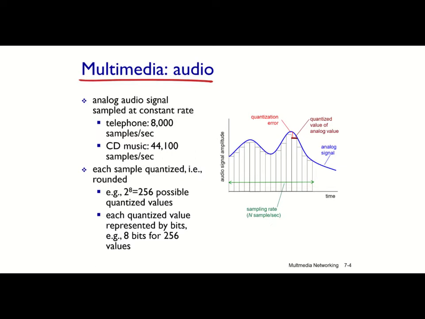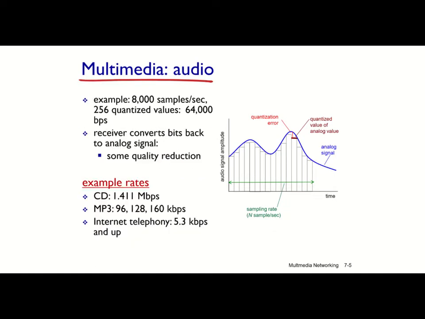No one can feel such an error value in the audio quality. However, if you want to minimize this quantization error, we have to increase the sampling rate. So the question here is, how much memory do we need to store 1 second of either music or telephone audio?